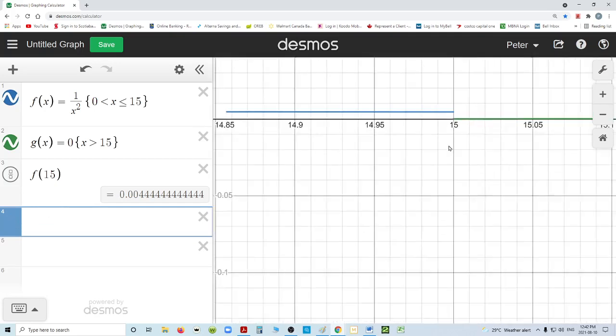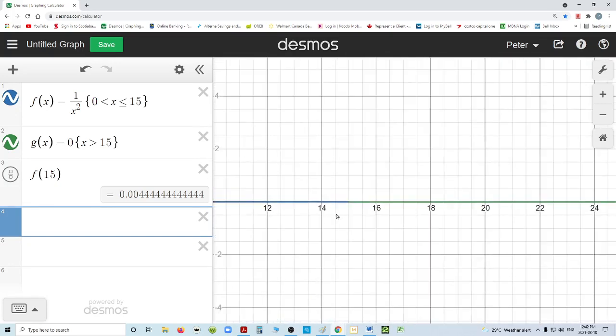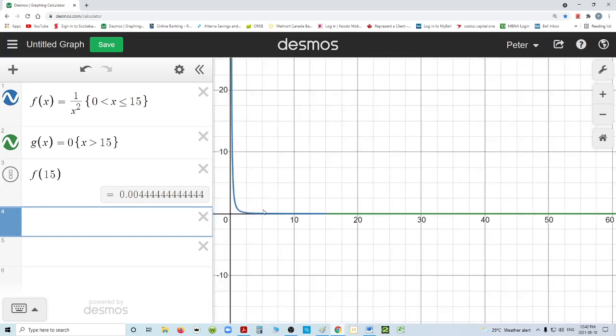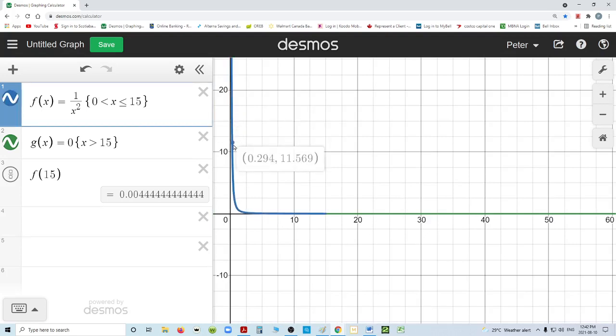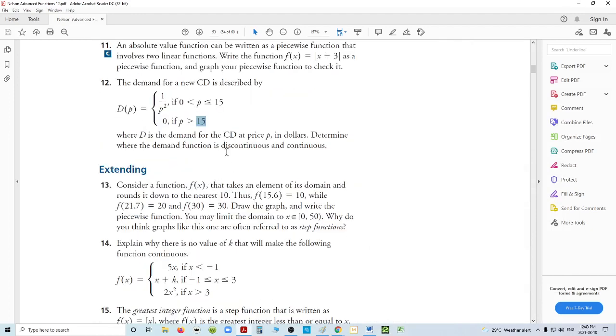You can't see it when you zoom out. So there's a demand for your CD that goes down dramatically as you sell more of them. Well, I guess that makes sense. The more people have it, the less demand there is until nobody's buying it. Yeah, so it's discontinuous. It's pretty obvious why, because that's going to yield a result and that's not.